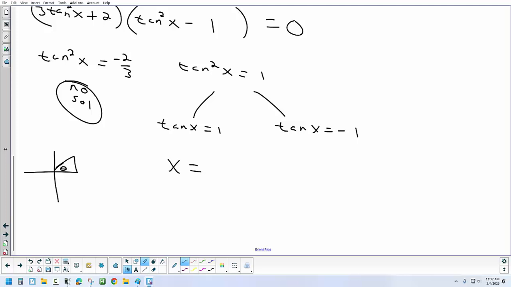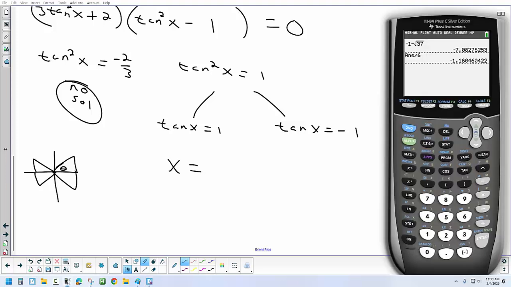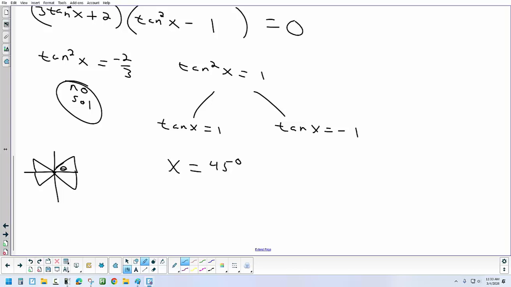So your answer is going to be a 45-degree angle in every quadrant. Because if you take the inverse tangent of 1, if you didn't remember the diagram, you get 45. That's a first quadrant answer.